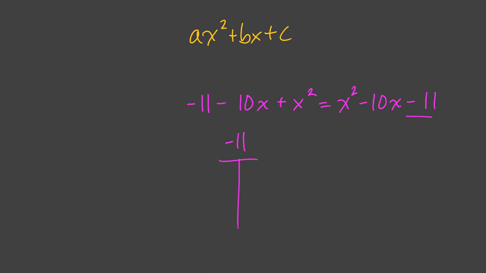Well, factors of 11 are 1 and 11, and that's it. We want to add up to -10. So it looks like if I use a -11 and a +1, that would work. So x plus 1, x minus 11. Okay. Very good.